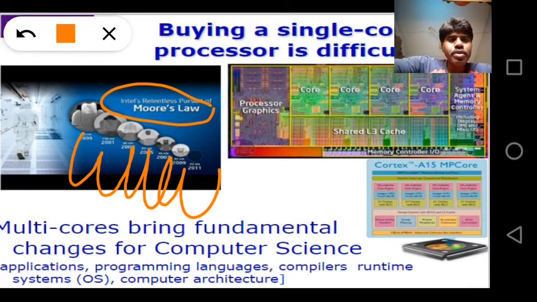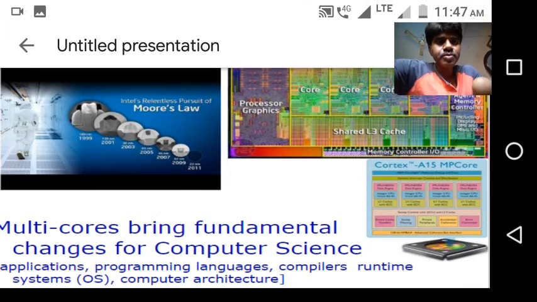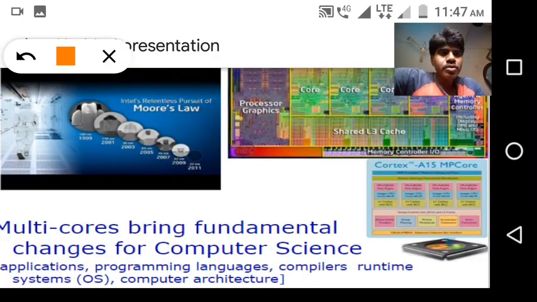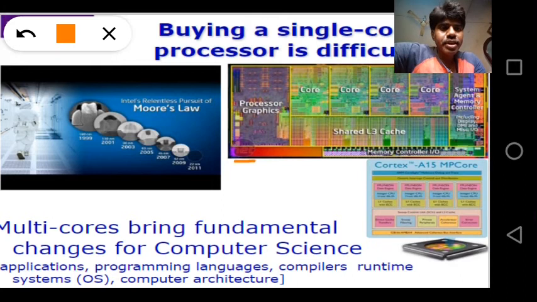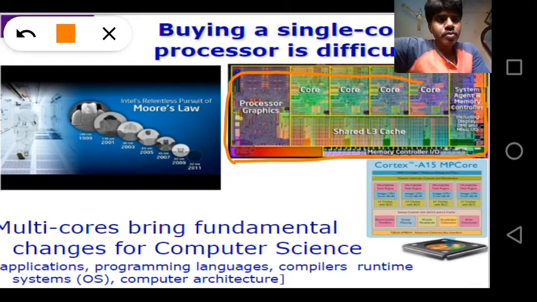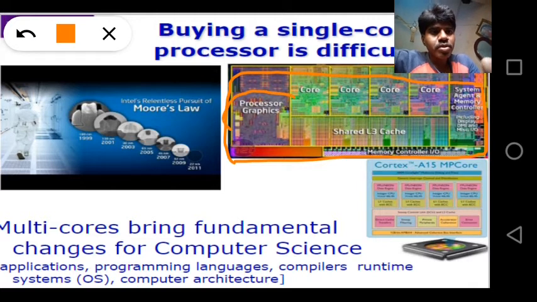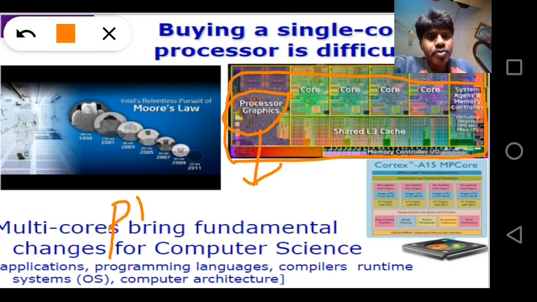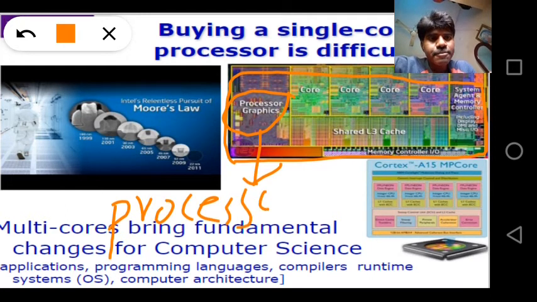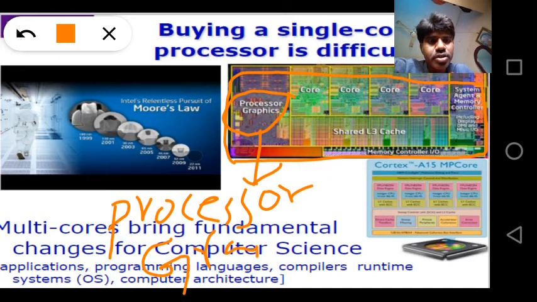Now, what I'm trying to say, if you take the example of this processor, it has processor graphics.